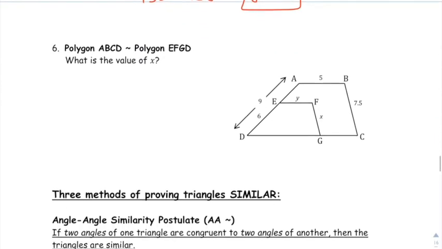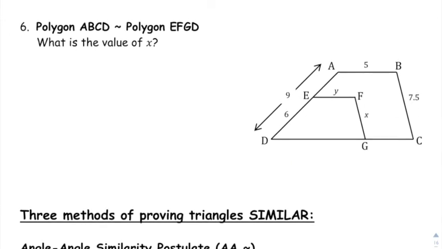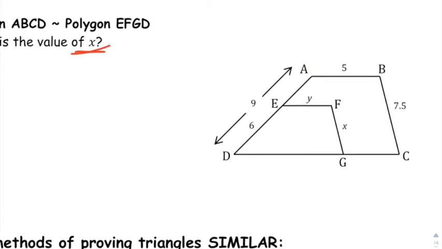Now sometimes they're not going to give you the ratio. You're going to have to take two figures and figure out what the scale factor or the ratio is. So notice here you have two similar trapezoids, and they're asking for the value of x. If I'm trying to find this side x right here, that corresponds with this 7.5 on the bigger trapezoid.